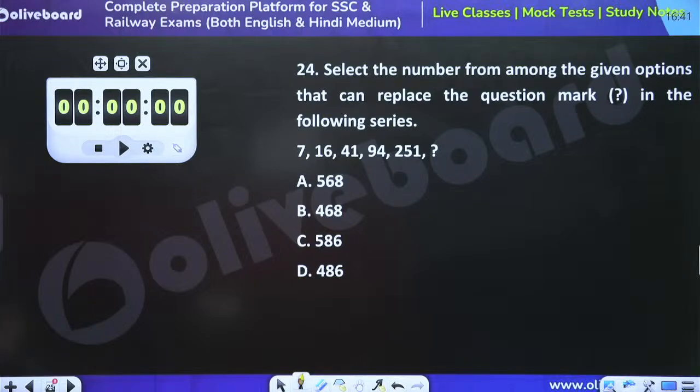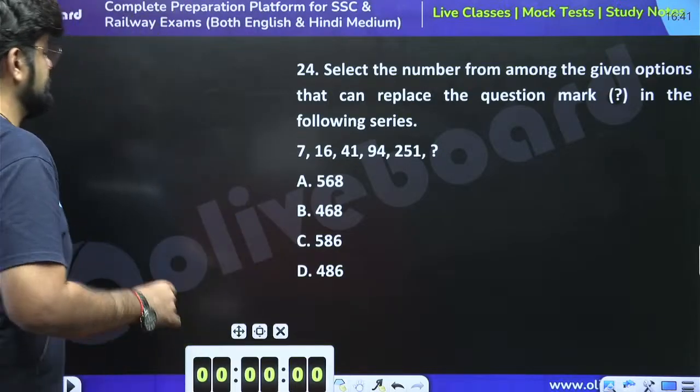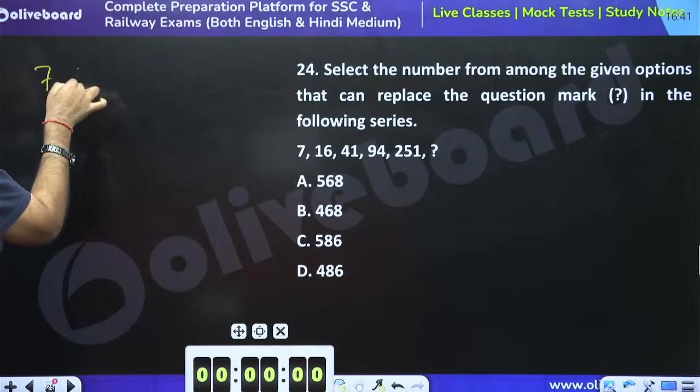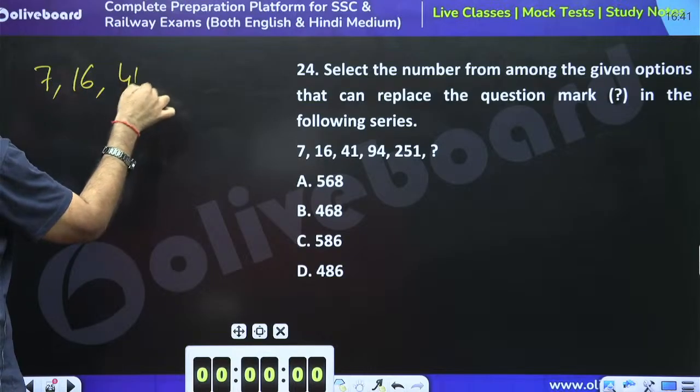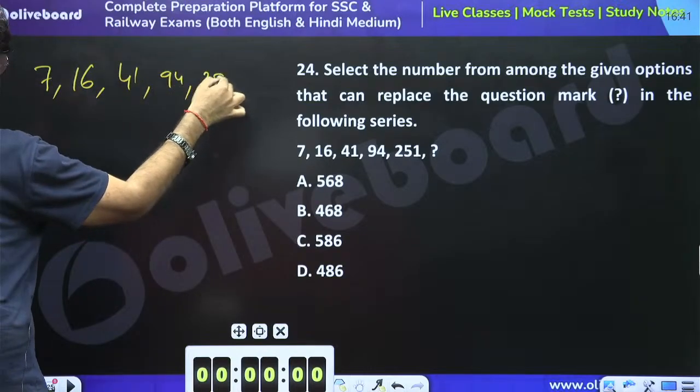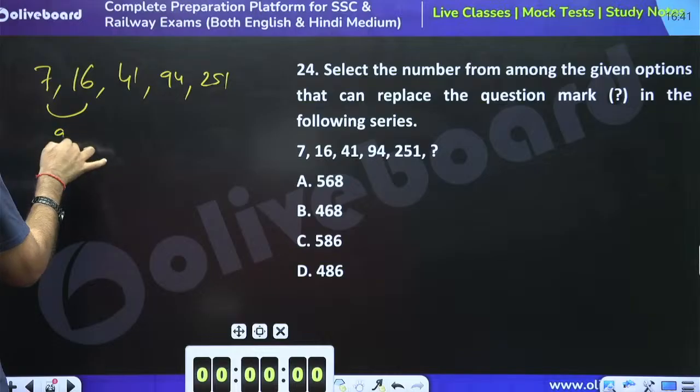Now this one is slightly different. See, check the difference. 7, 16, 41, 94, 251. Okay, so this is 9.